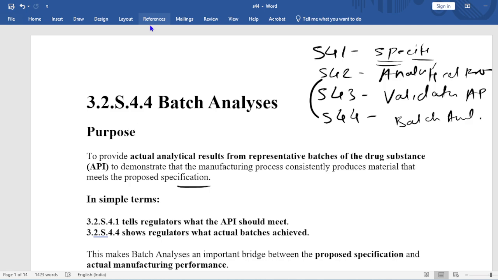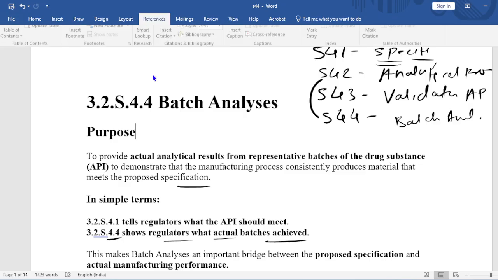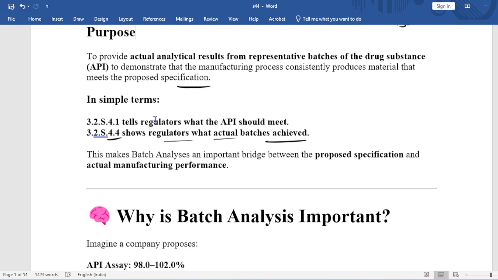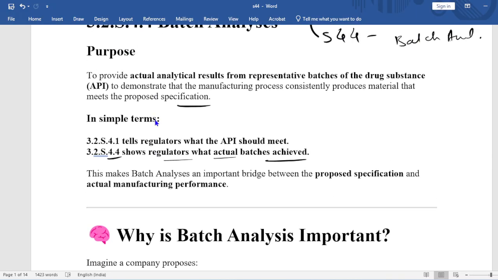In simple terms, 3.2.S.4.1 tells the regulators what the API should meet, and 3.2.S.4.4 shows the regulator what the actual batch achieved. This makes batch analysis an important bridge between the proposed specification and actual pharmaceutical performance.